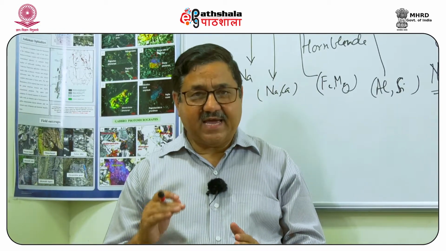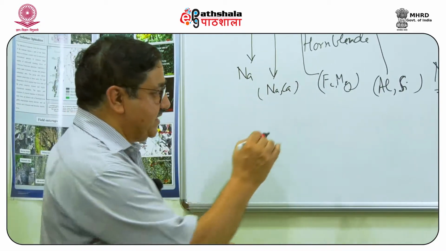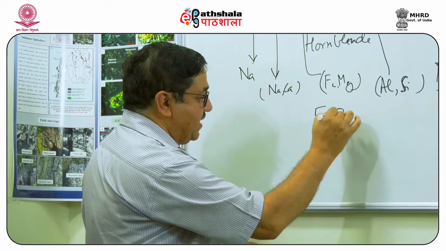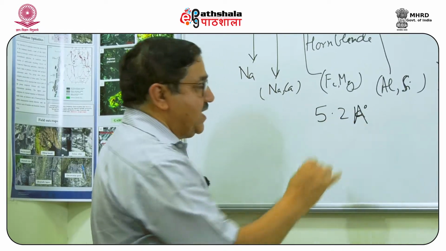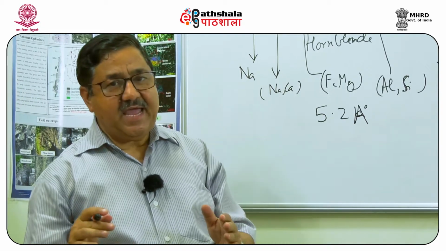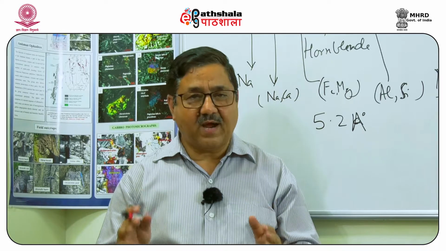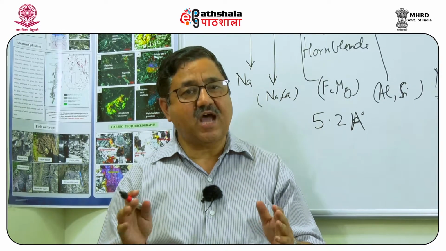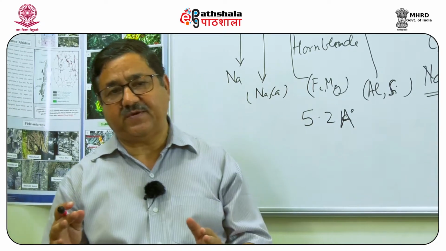The B axis in amphibole is of similar dimension, that is 5.2 angstrom. The A axis in pyroxene is half of what is there in amphiboles. So, there are structural differences between the two.